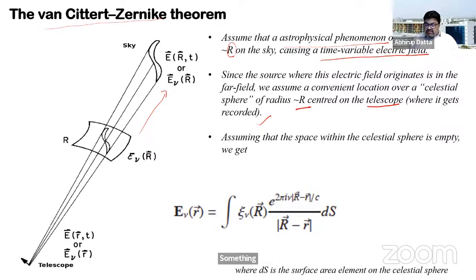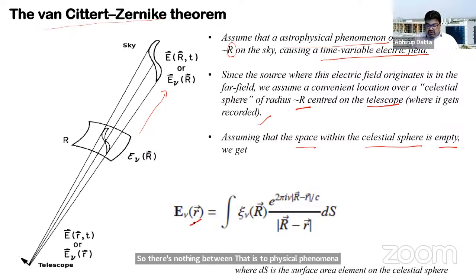Similarly, assuming that the space within the celestial sphere is empty, so there is nothing between that astrophysical phenomenon and the telescope, then for the coordinate system R, which is the telescope coordinate system, you can write that the electric field which is recorded is linked to the electric field which occurs in the sky.